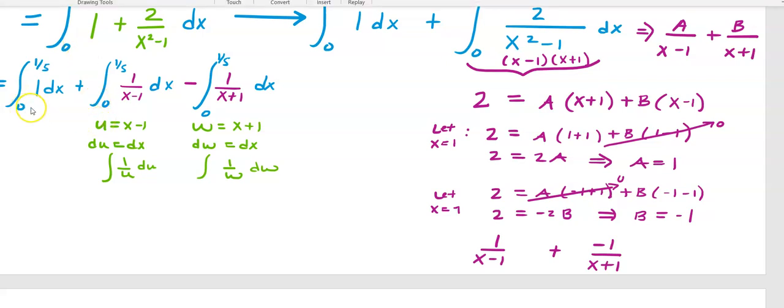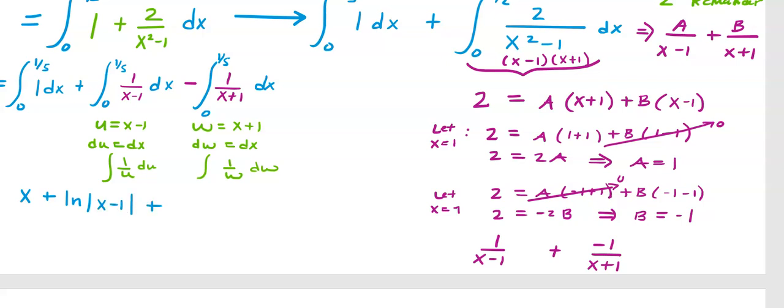So now let's take the antiderivative. The antiderivative of 1 in terms of dx is just an x. So this first integral is an x, plus the second one is just going to be the ln of the absolute value of u, which in this case is x minus 1, plus this third one is going to be a negative, so it's a minus sign, and then the ln of the absolute value of w, and w is x plus 1.